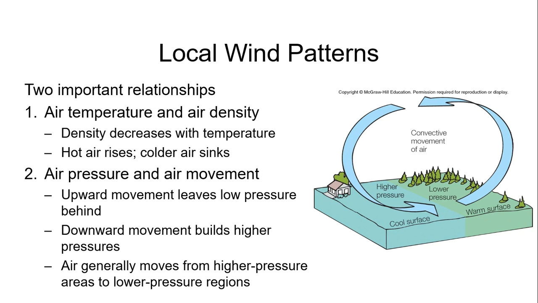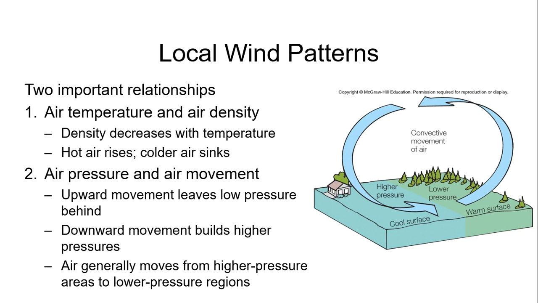So they are inversely proportional. Increase one, decrease the other. So since higher temperatures have lower densities, it causes that air to rise. So hot air rises. But if you decrease the temperature, you increase the density, makes it more dense, and so it will sink. So cold air sinks.